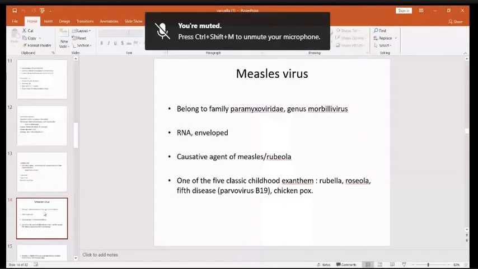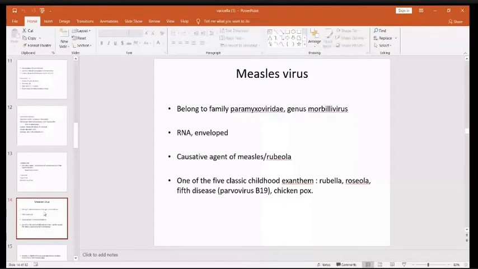The measles virus belongs to the family Paramyxoviridae, genus Morbillivirus. Since it belongs to the Paramyxoviridae, it is an RNA virus. So varicella was a DNA virus, while measles virus is an RNA virus.